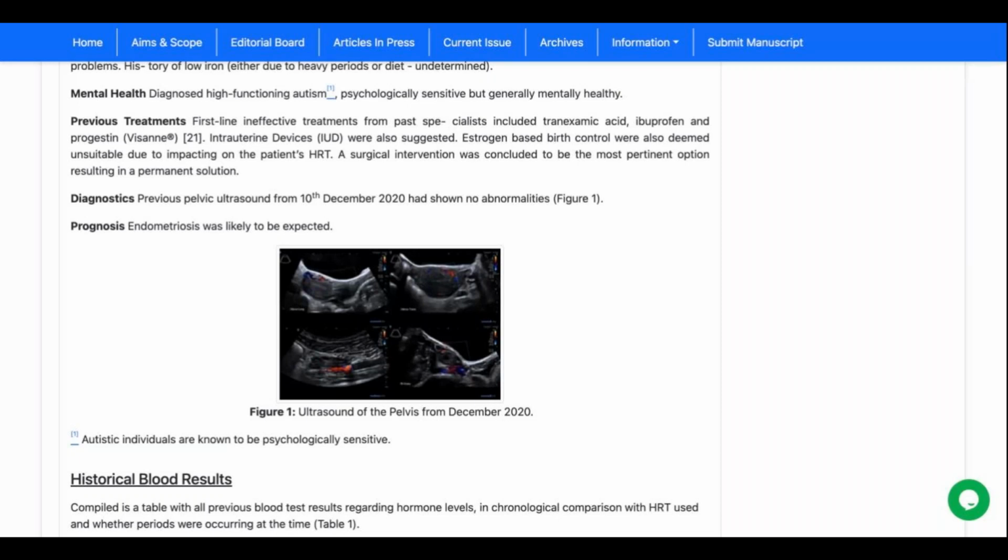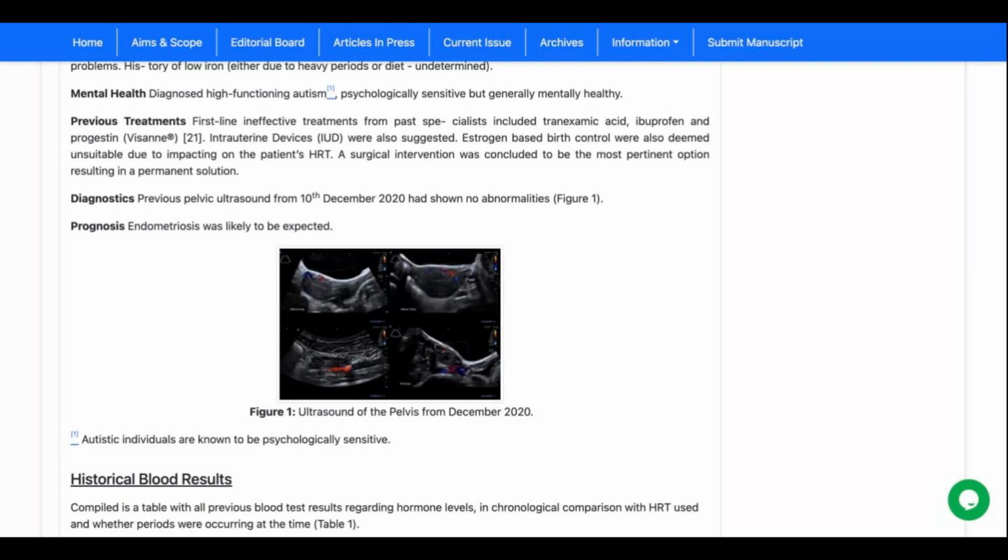So you do everything in one go, because you want to minimize the number of times you have to put a patient through surgery to go into their abdomen. So it was like, okay, we'll remove your ovaries, but if there's endometriosis in there as well, we can remove that at the same time. That's what happened here.